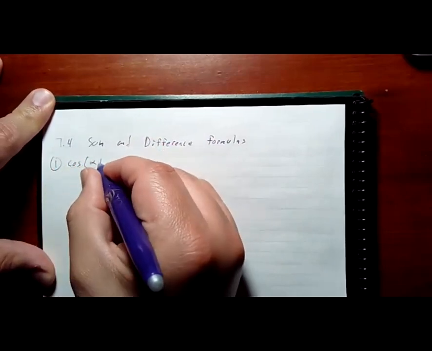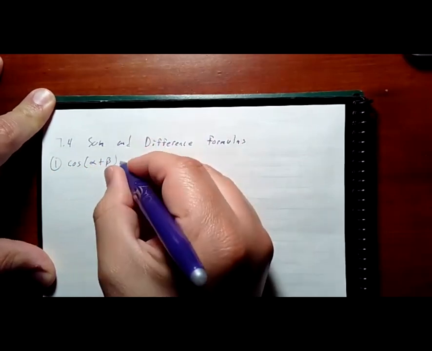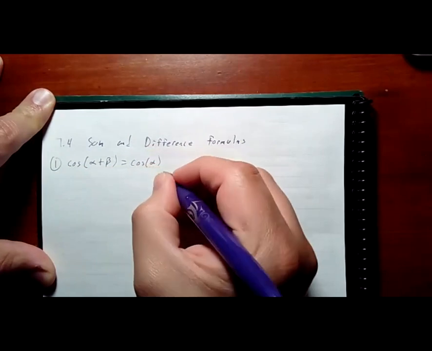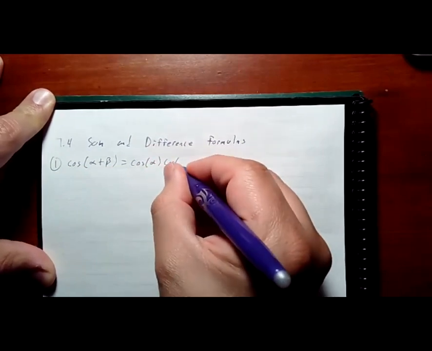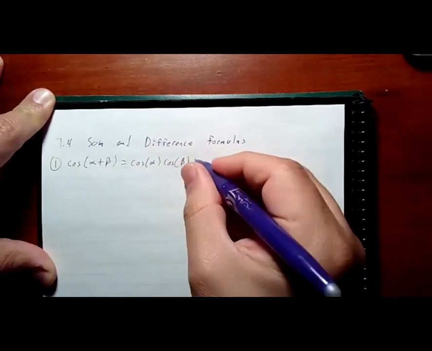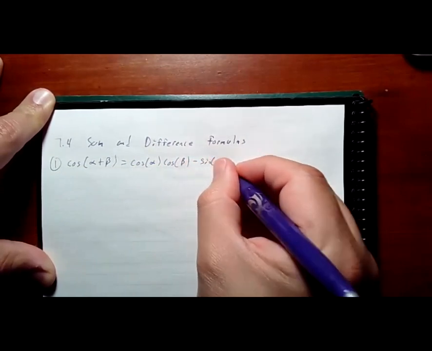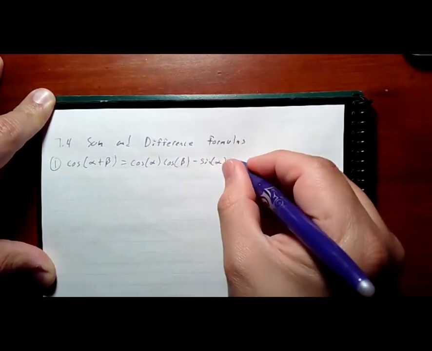So cosine of alpha plus beta is equal to cosine alpha cosine beta minus sine alpha sine beta.